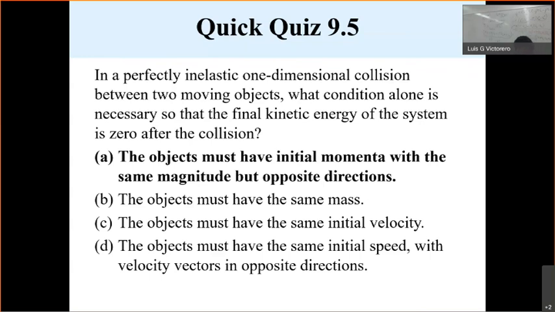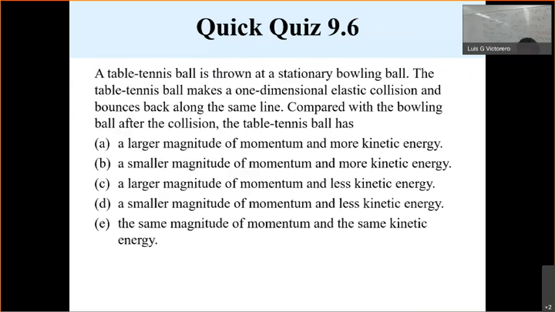So these conceptual questions are very interesting. They actually reinforce some of the concepts, so I think it's important that you understand them, okay? A table tennis ball is thrown. A table tennis ball is not tiny, but it's a very low mass, very light ball, right?